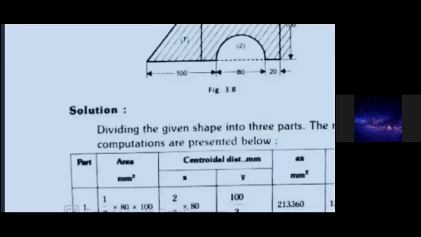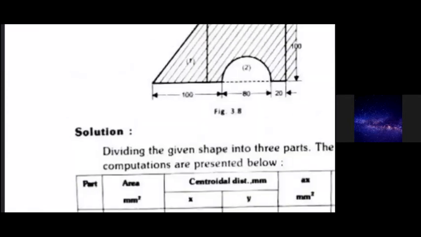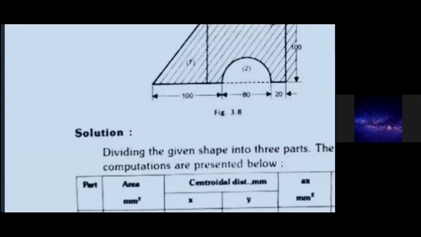Next, the semicircle area. The diameter of the semicircle is 80. The formula for a circle is pi r square, or pi d square by 4, and a semicircle means half of pi r square.